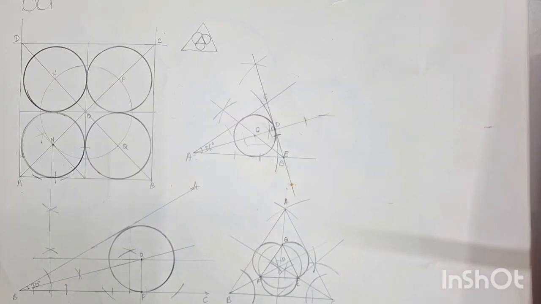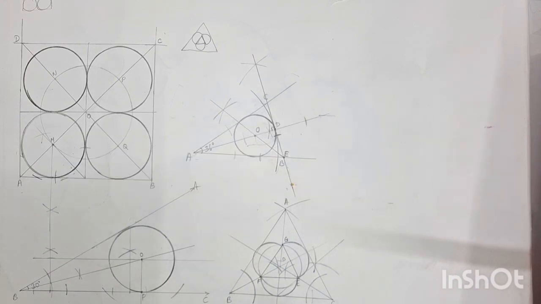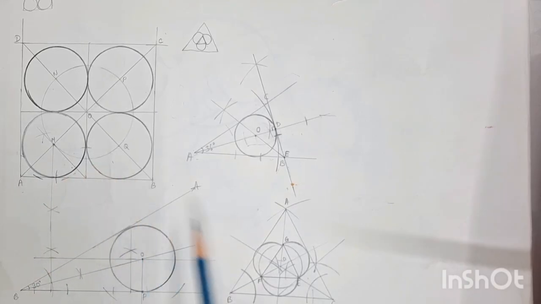Next question. In a square with one side 6 cm long, inscribe 4 equal semicircles, each one touching 2 sides of the square and their diameters to be adjacent. Now we need to repeat the same process in a square. Like we repeated the inscribing of circles that we did in triangle, we did the same in square. This is also the same thing in square.